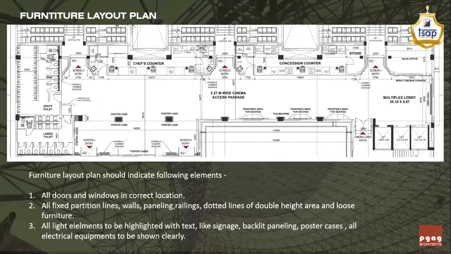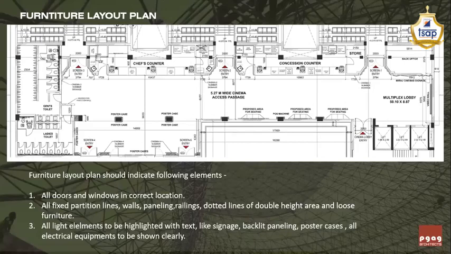But when you do a commercial interior project, it is very important to show all the elements, like all the doors perfectly in place, the partition lines in place, all the railings, wherever the glass railing or the MS railing is going to come. Everything has to be shown in the furniture layout plan itself.